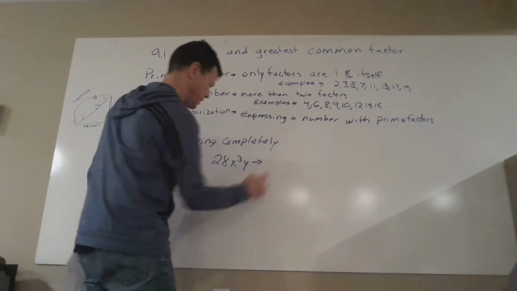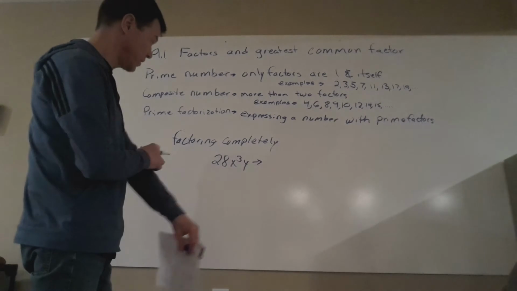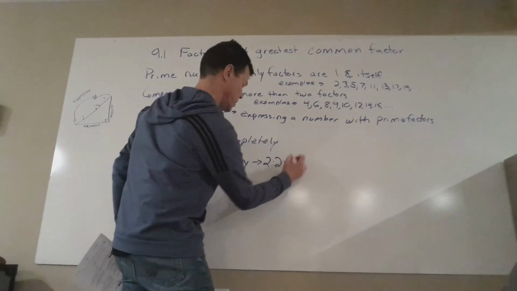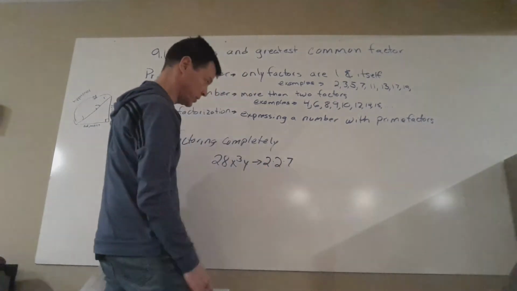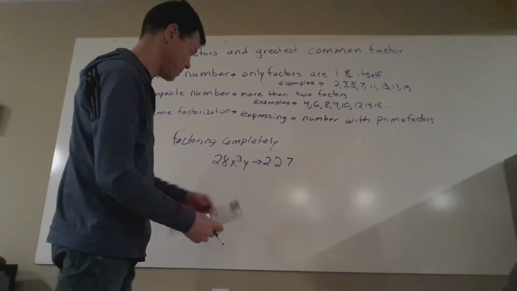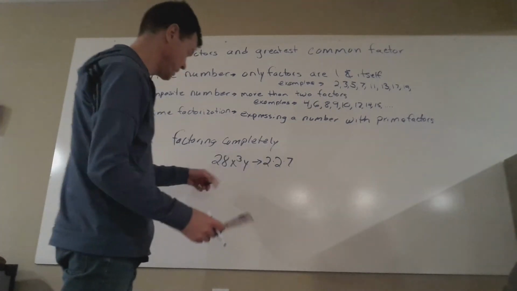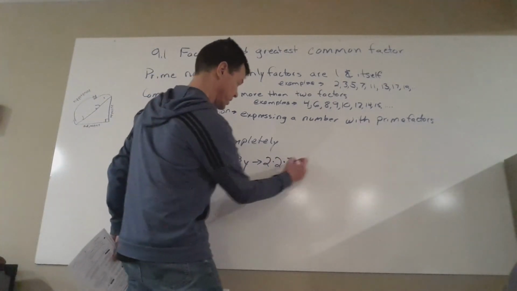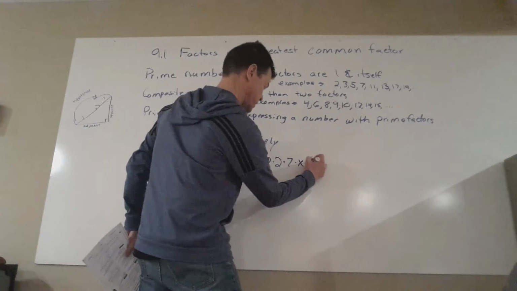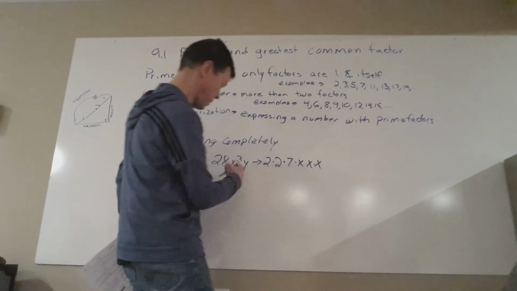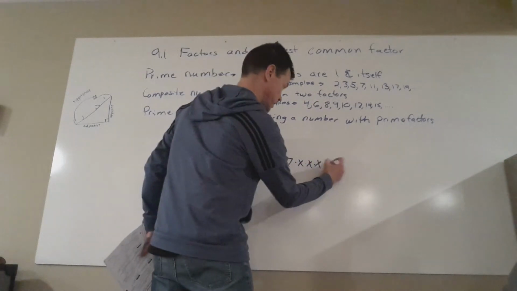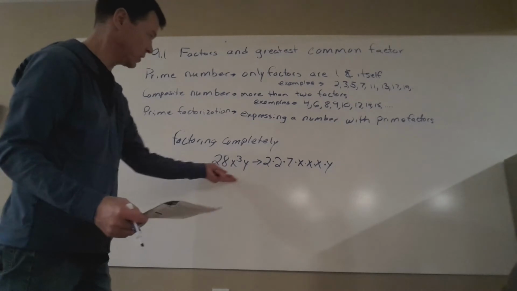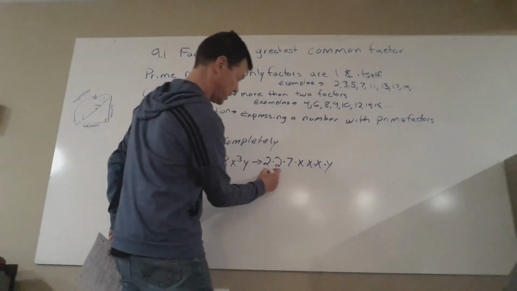Factoring completely would mean I need to have 28 down in its prime numbers, which is 2 times 2 times 7. All the numbers need to be prime. 2 times 2 is 4, 4 times 7, you have 28. And then x cubed, factored completely, is going to look like x times x times x. I got my three x's. Last thing is our y. Your answer will look like this.